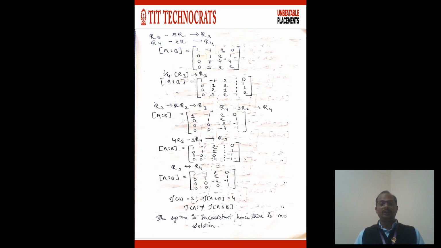In A there are only 3 non-zero rows, and in the complete matrix there are 4 non-zero rows. So the rank of A is 3 and the rank of A augmented B is 4. Both are not the same, so the system is inconsistent.